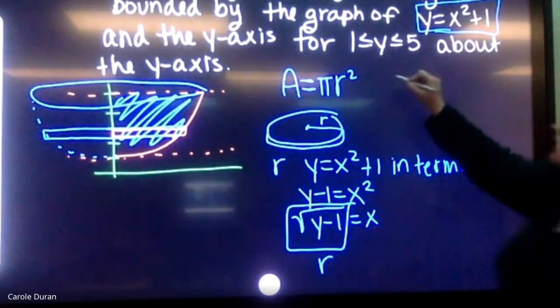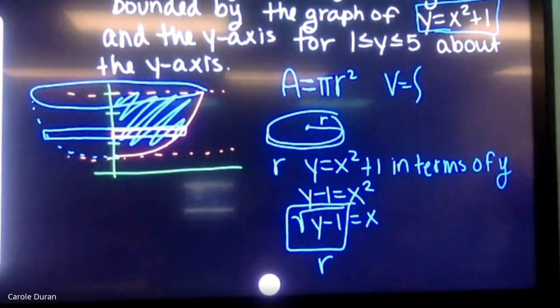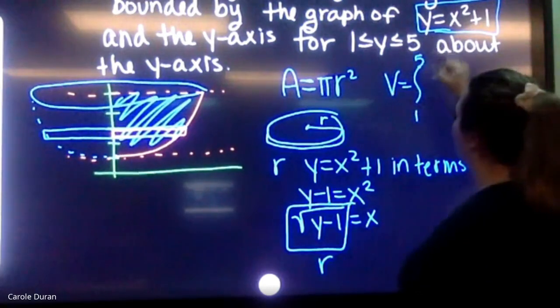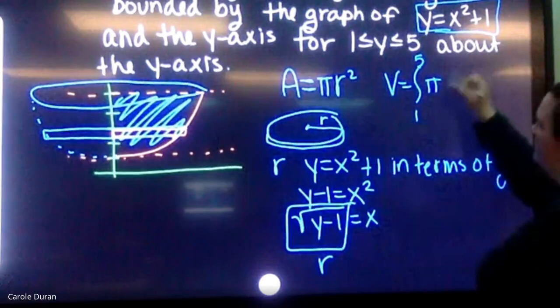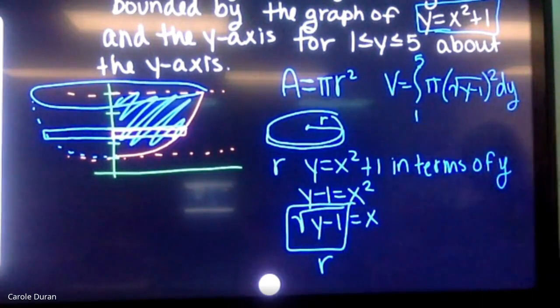So then I just put this in, so my volume goes from what to what? 1 to 5 of pi times the square root of y minus 1 squared dy. And you can put it into your calculator.